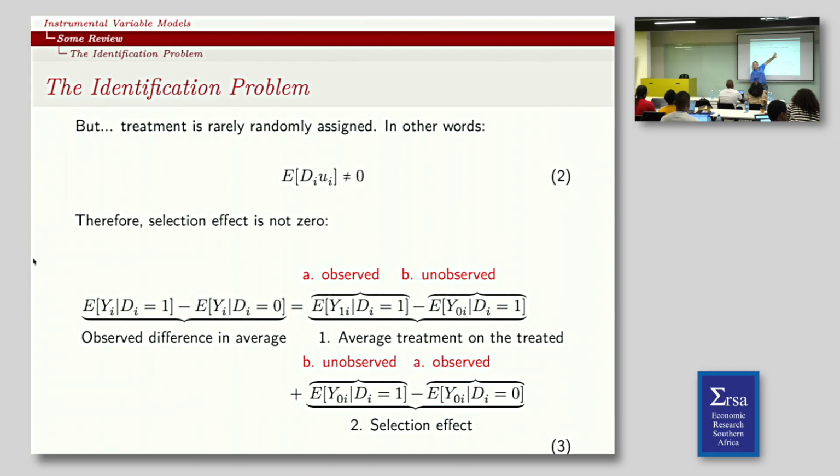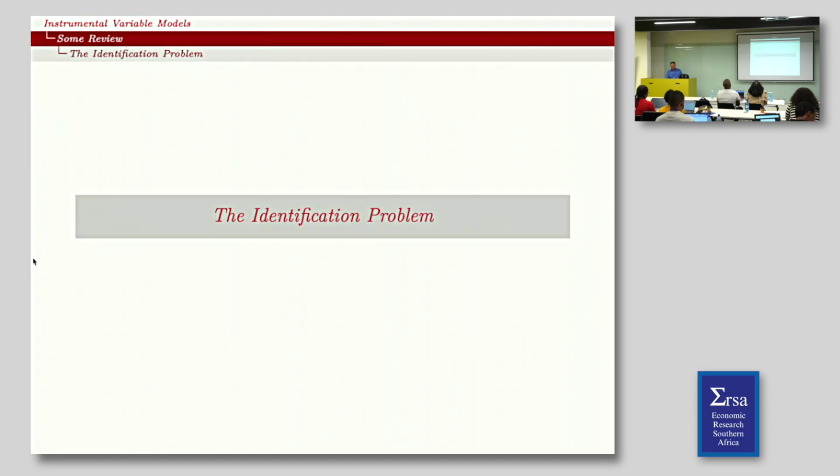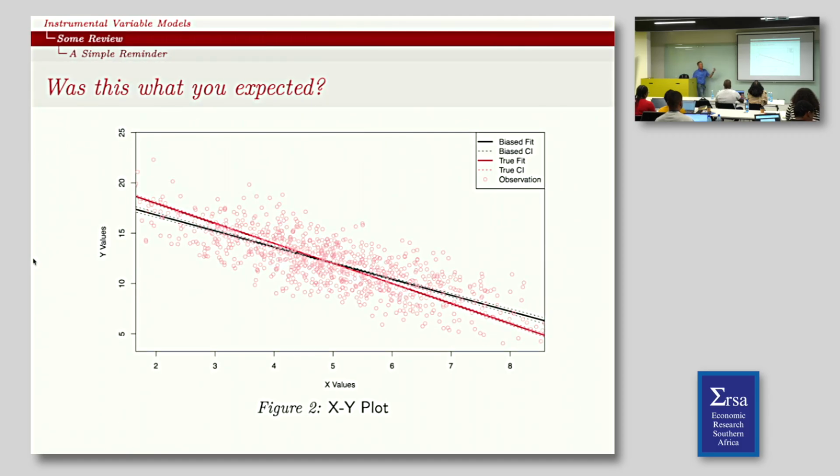When there's correlation here, this non-zero term creates a potential bias, and that potential bias plays out here, with incorrect estimates of the slope parameter or the treatment effect.